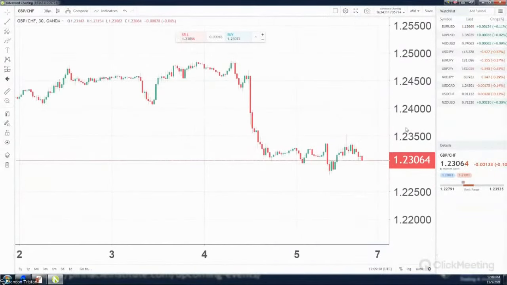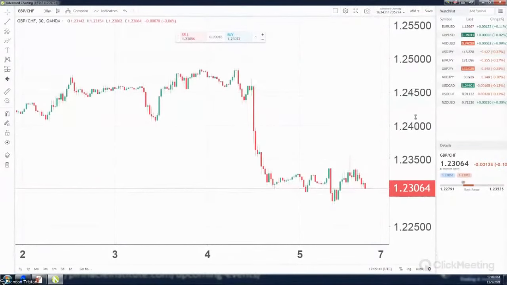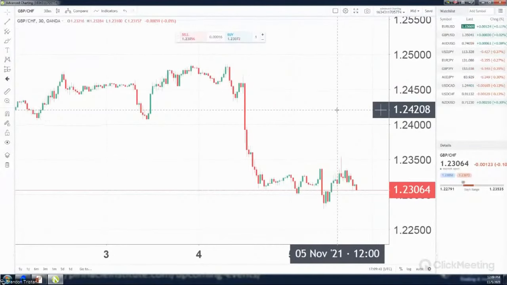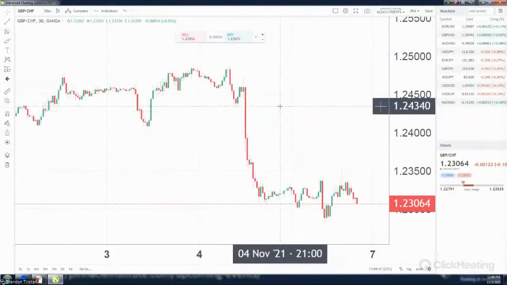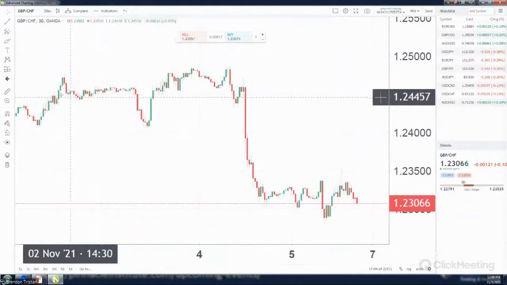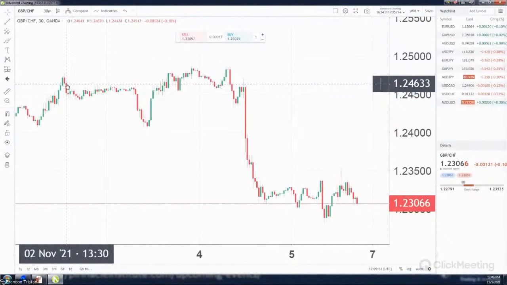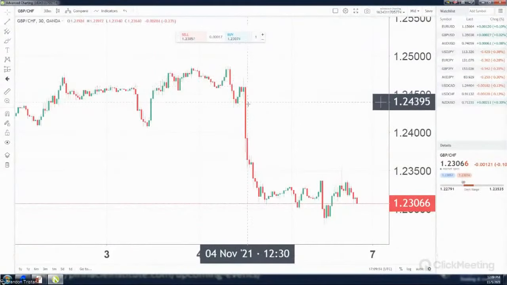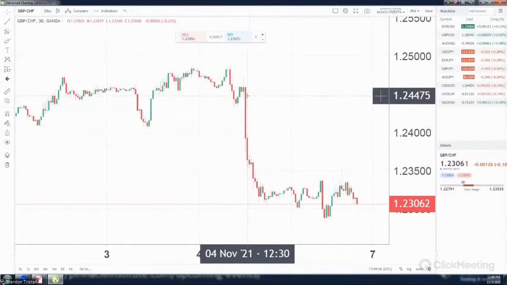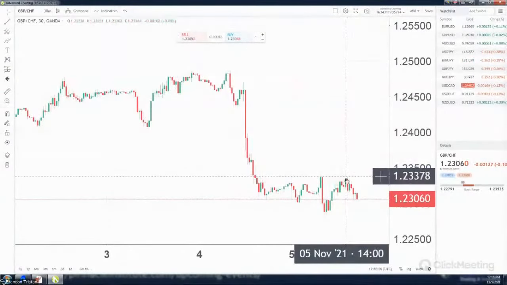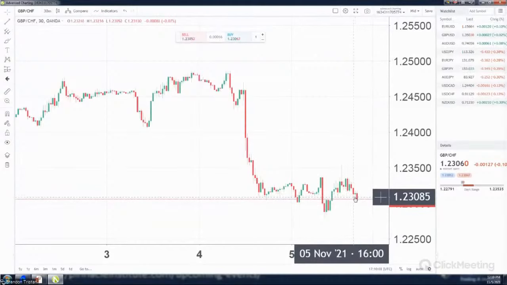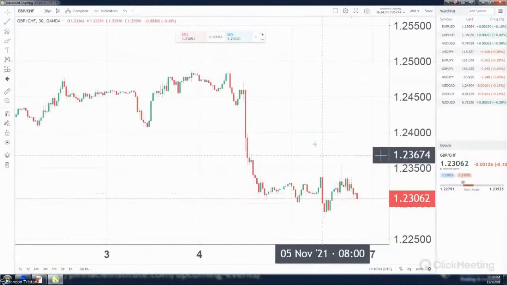Okay. So right here on pound Swiss, if I was brand new to trading and I saw price start moving lower right here, then I would begin to believe that, oh, I'm going to go ahead and start selling right in this area, correct?